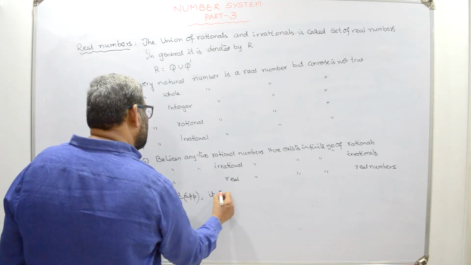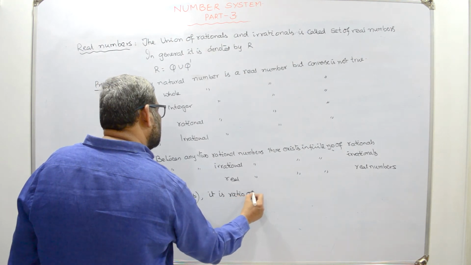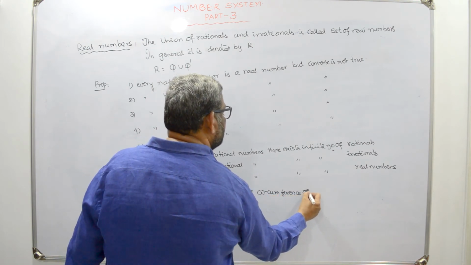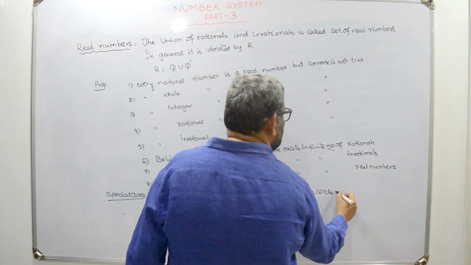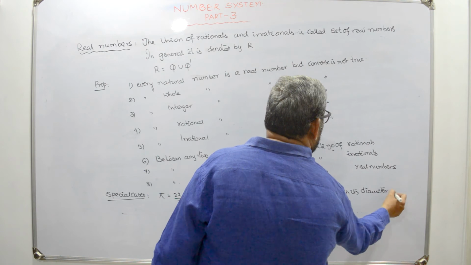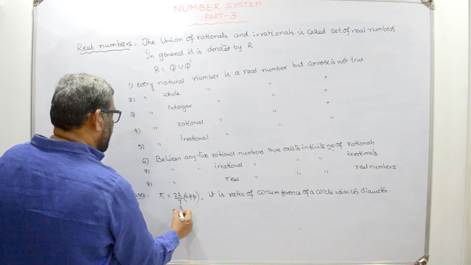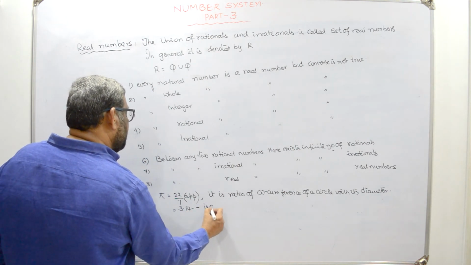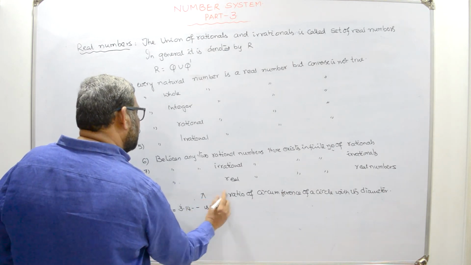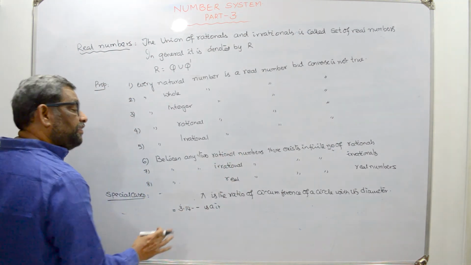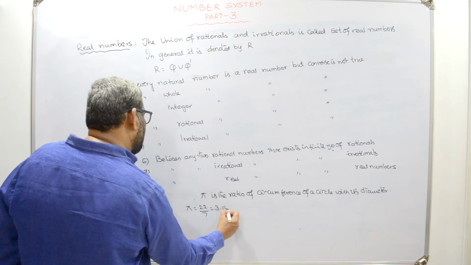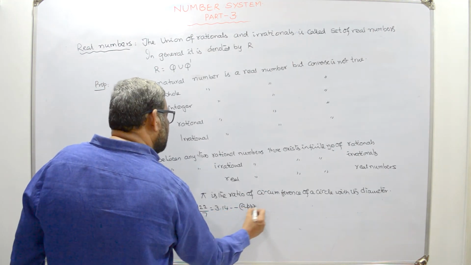It is the ratio of the circumference of a circle with its diameter, and this is equal to 3.14 and so on, an irrational number.